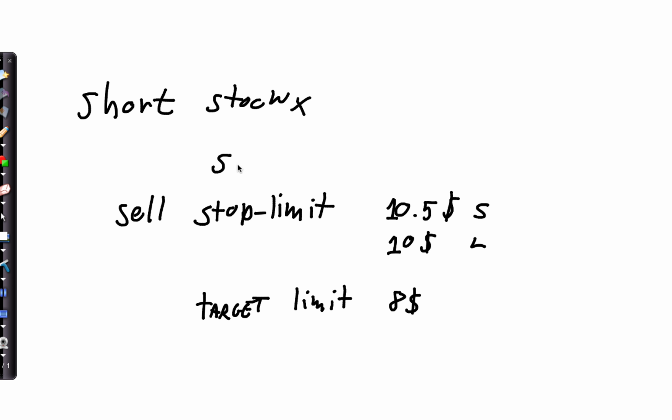And a stop loss in this case can be a stop or a trailing stop, maybe you can put, I don't know, $11, okay? So it means if the price is going up against what I predicted, then I want to buy back when it's hitting 11. So as you see, it's exactly the same as the buy, just that the target this time is below, the stop is above, and the logic is the same.